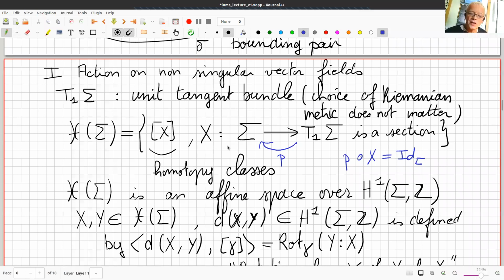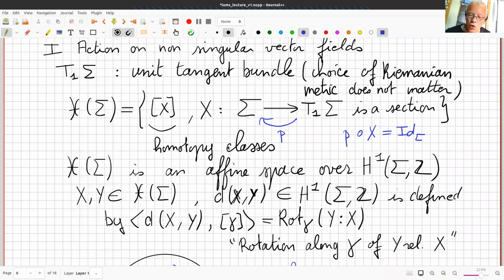If you take all vector fields, even non-singular, it's rich and complicated, but up to homotopy, you do not have so much. And if you teach or know some elementary geometry, you know about affine space structure. And it happens that it is an affine space over the homology with integer coefficients.